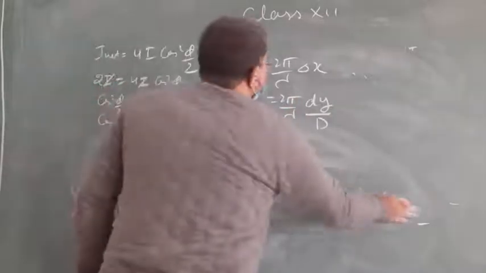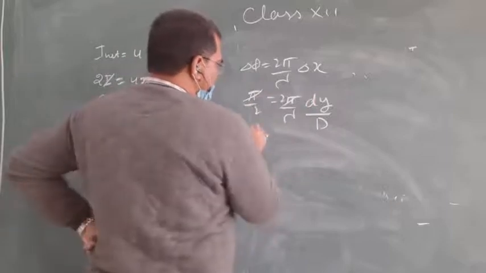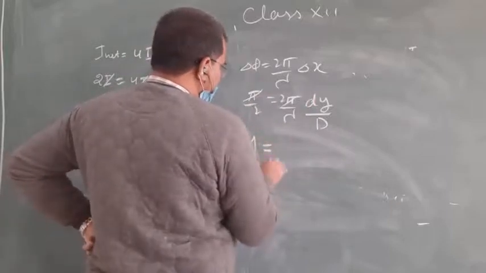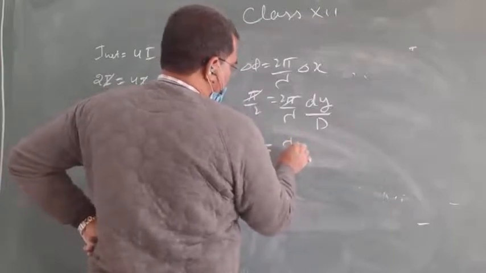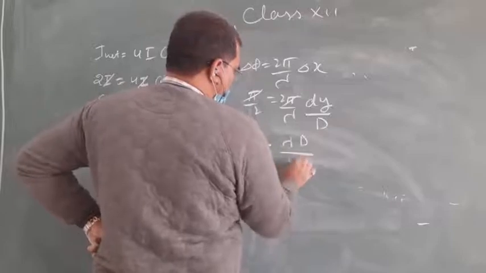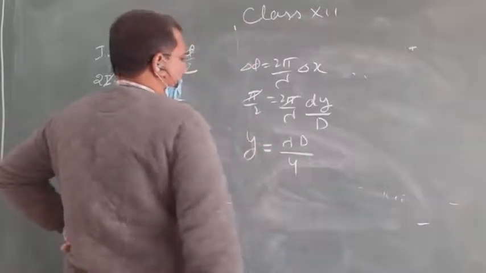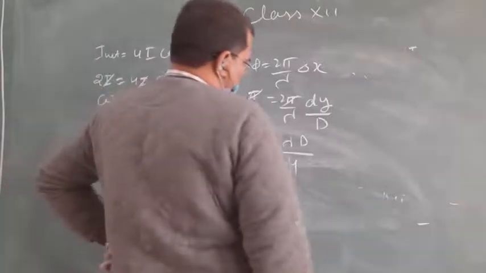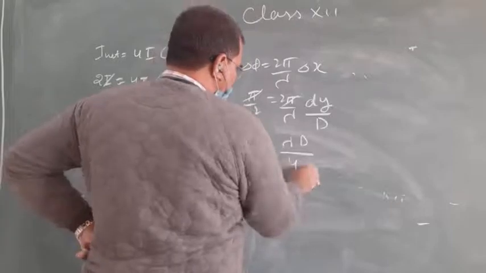So pi is cancelled out here. So y will be lambda D by 4 d.